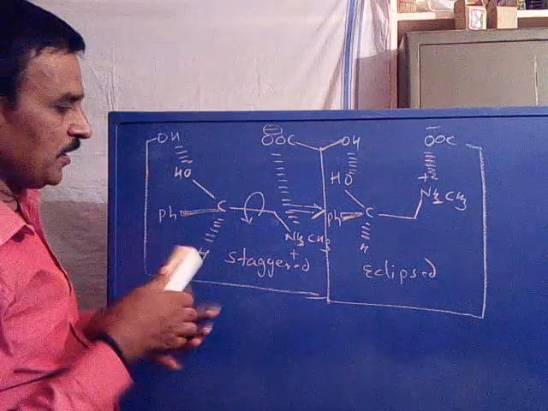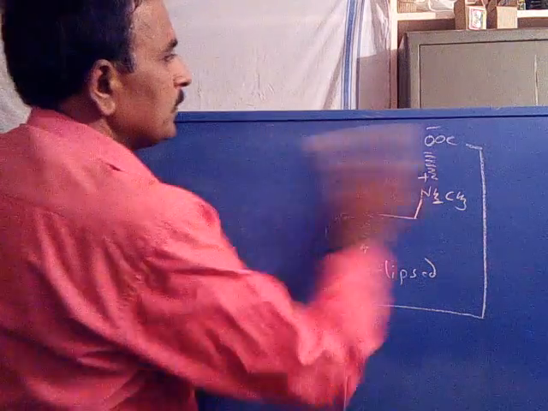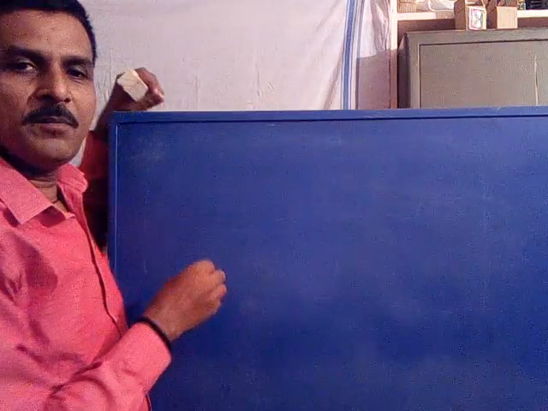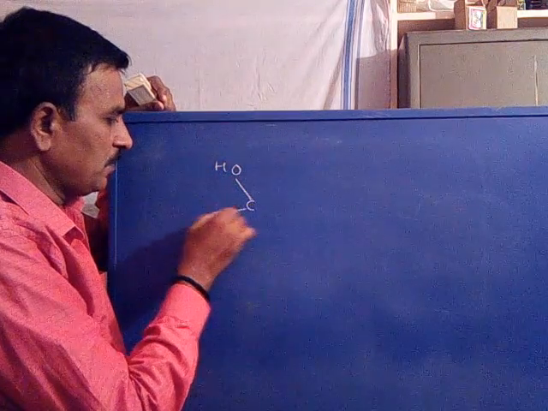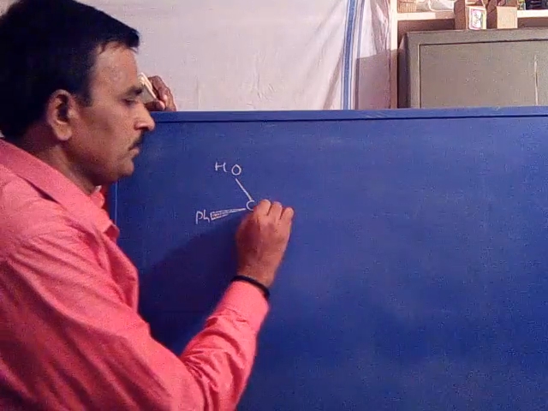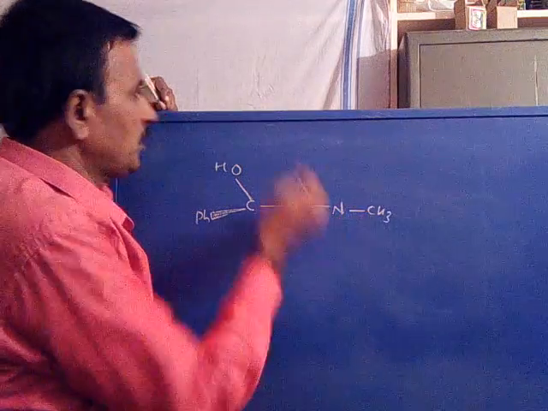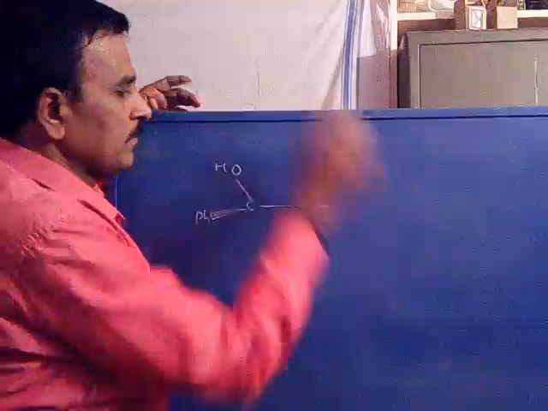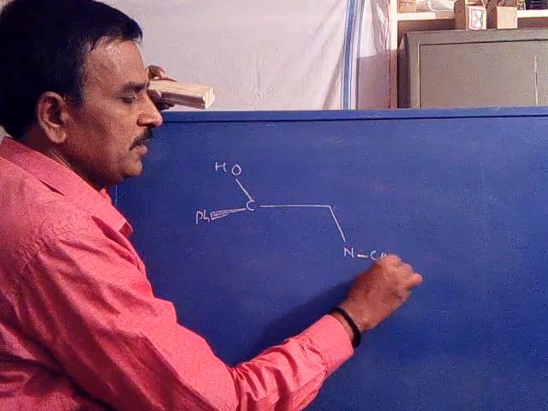So for this molecule, we may prevent its change of conformation like this. This is carbon, this is the phenyl group, this is nitrogen with a CH3 group.